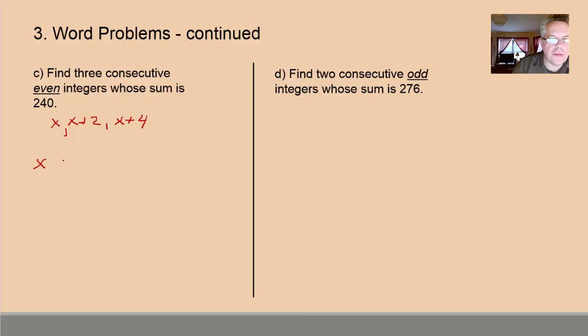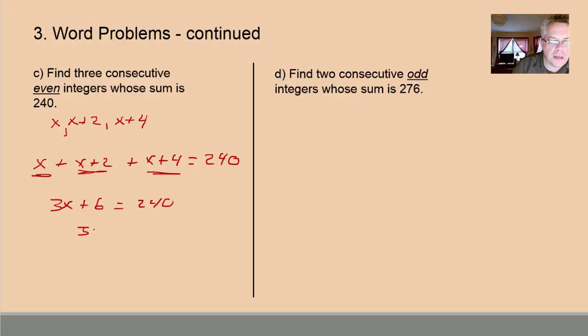So add up our three numbers: x plus x plus 2 plus x plus 4 equals 240. You don't have to underline them all the time, but I like to emphasize. These are our three consecutive even integers. So we get 3x plus 6 is 240. 3x must be 234.